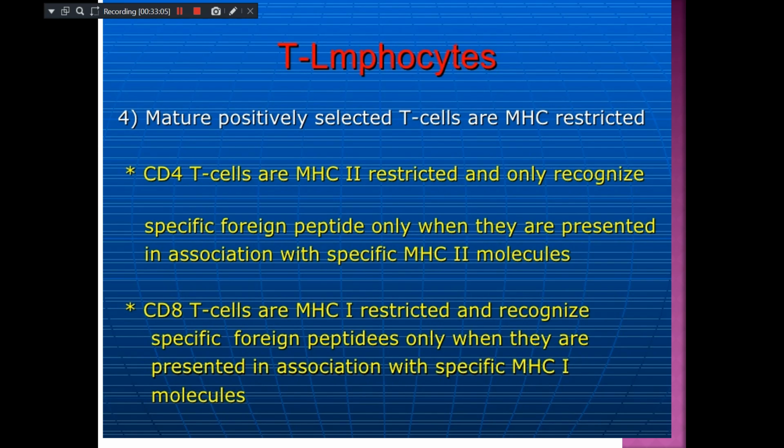Many times they are restricted because the CD4 T cells are MHC2 restricted, because they recognize the specific peptide only when it is presented in association with MHC class 2, whereas CD8 cells are MHC class 1 restricted, and they recognize self-protein peptides only when they are presented in association with specific MHC1 molecules.